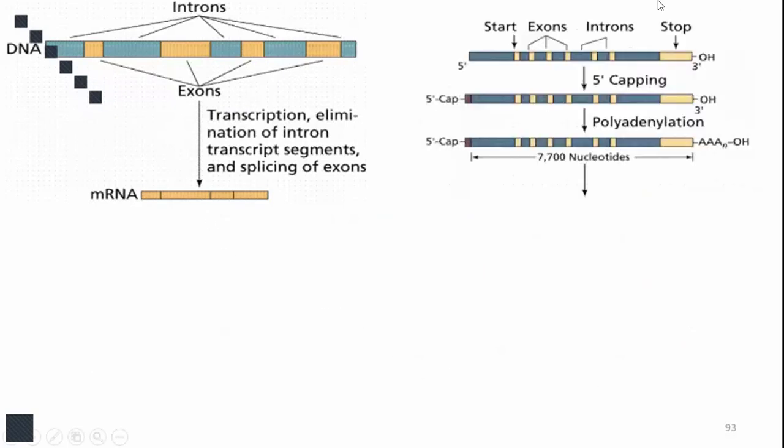And then when exons are put together, what you are seeing here is actually an example of what actually happens. You have your gene, you have your exon. So let's put this in perspective so that we can remember. The exons, which are the coding sequences, are usually a smaller part of the gene.